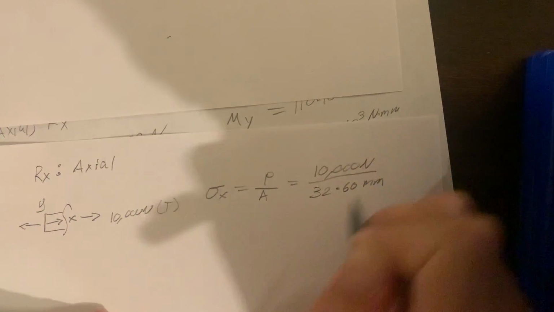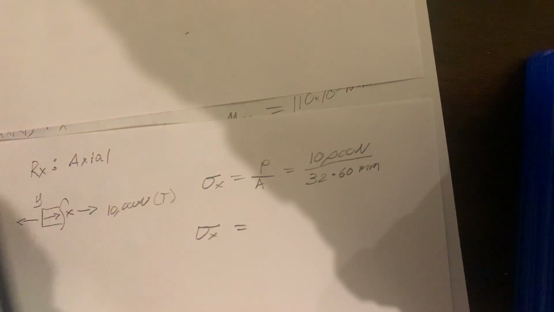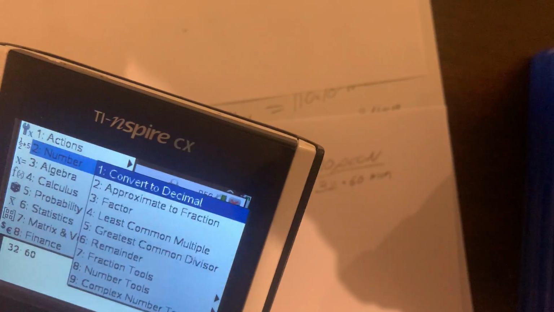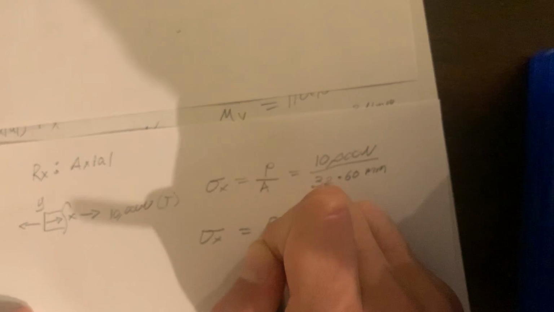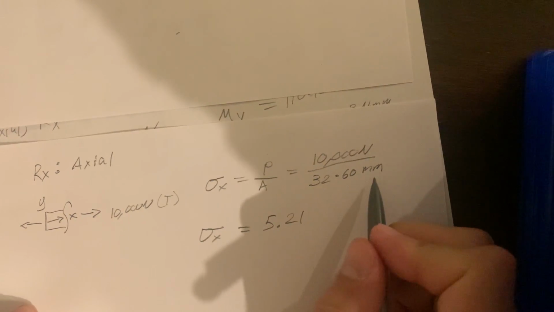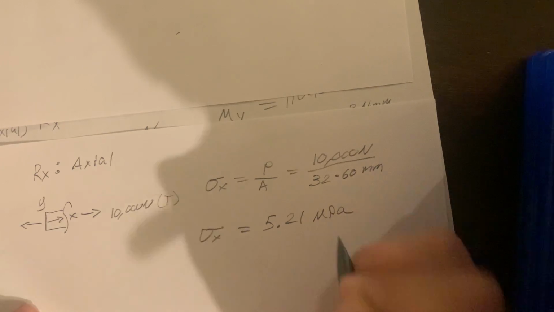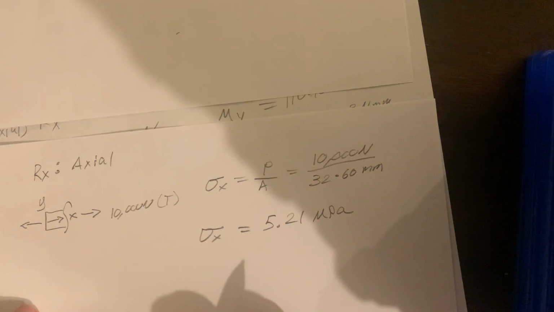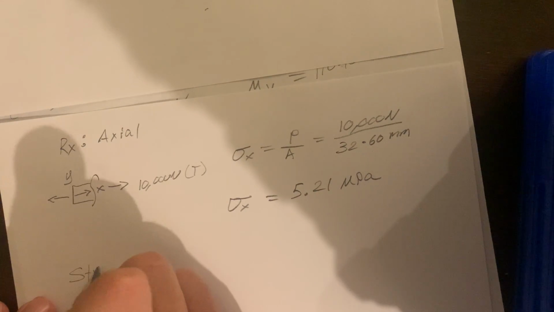This is millimeters. And we come out with sigma X equaling 10,000 over 32 times 60. That equals 5.21. And because it's in millimeters, we can just say that is megapascals, because it'll go to times 10 to the 6th. Now we draw the stress blocks.